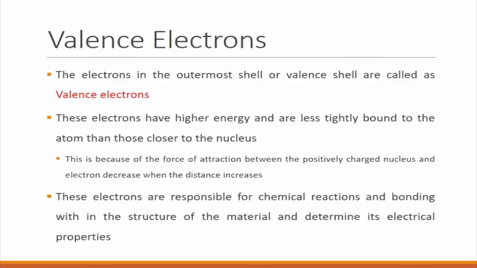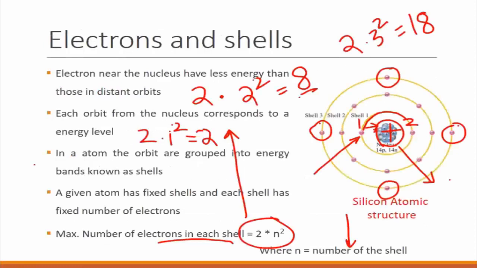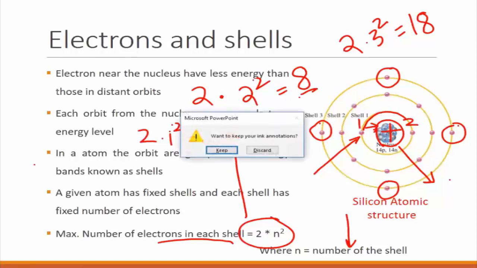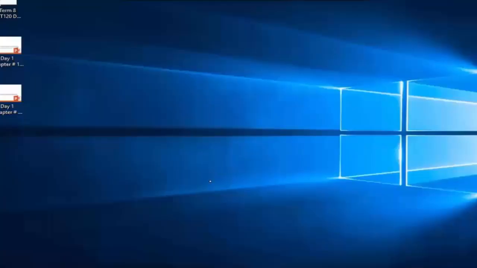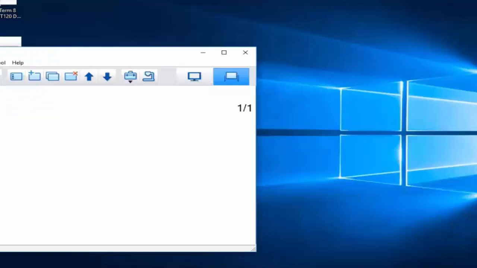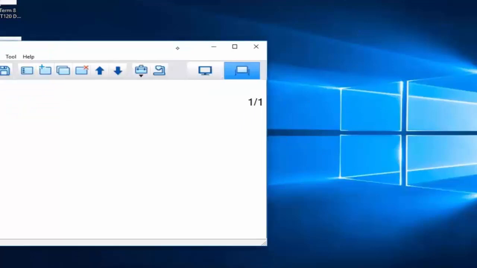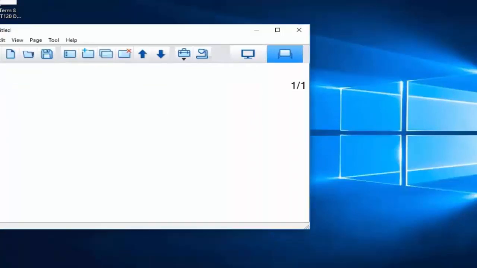Yes, for a neutral atom, both are going to be equal. The number of electrons would be equal to the number of protons. So for example, let's take an example. Maybe we want to know about copper.